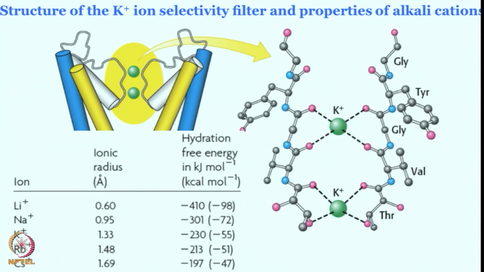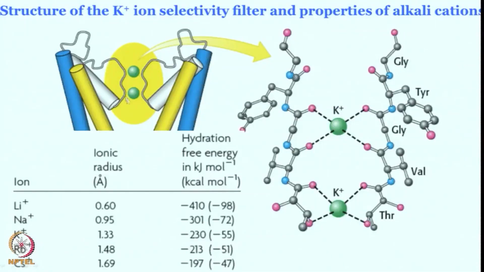With aqua molecules it becomes very big. Unless it can lose those water molecules pretty easily and can interact with this protein backbone in this channel, it will not be possible for the metal ions to pass through. And this is precisely the reason why we see potassium ion selectivity.